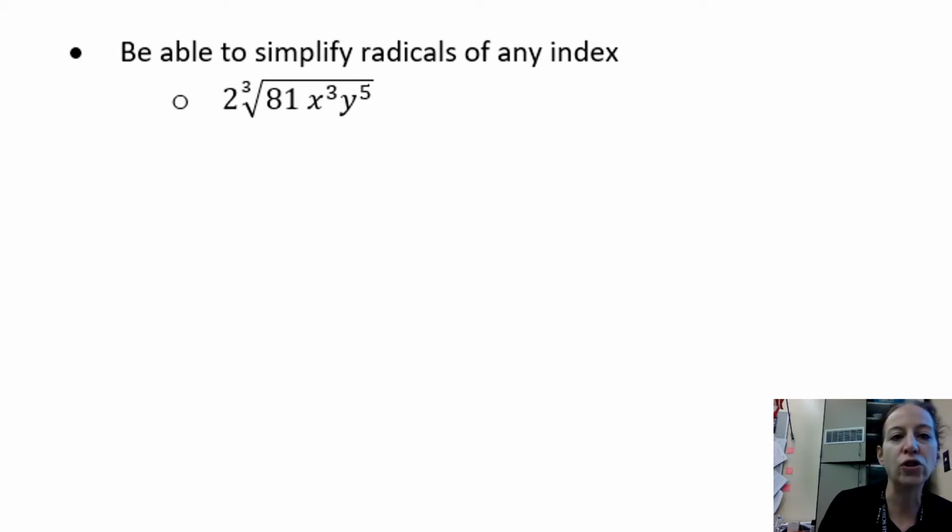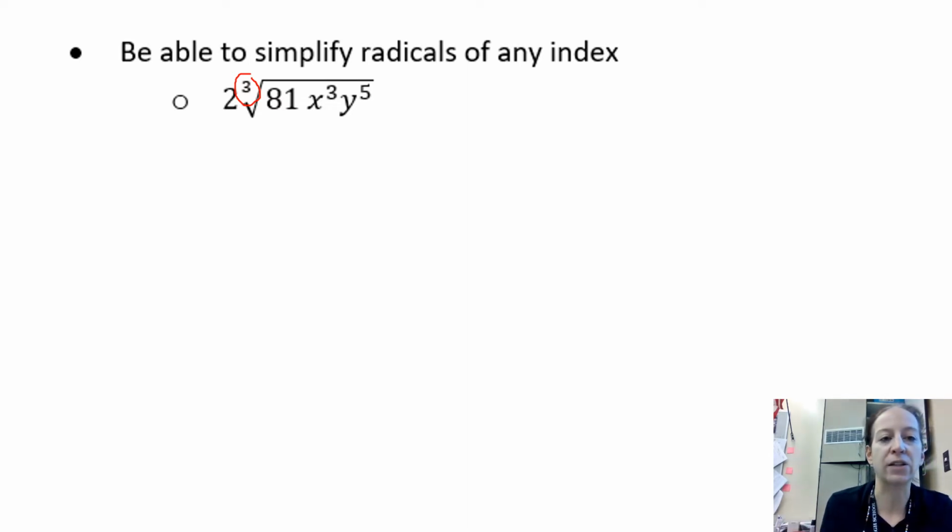So in order to simplify radicals of any index, first you need to remember what the index does. That's your index right there, and that tells you what this particular radical undoes. So this is a cube root, and so it undoes cubing. Our strategy is to get the prime factorization of everything under the radical and then look for, in this case, groups of 3.